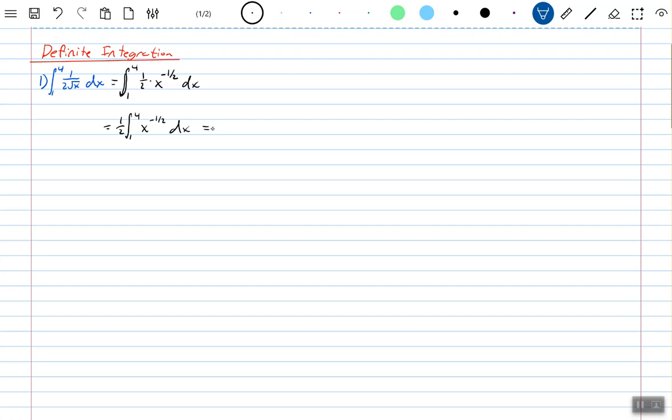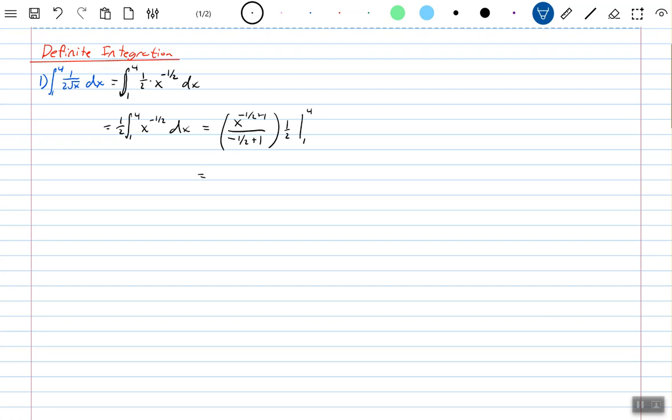So this is equal to x to the negative 1/2 plus 1 over negative 1/2 plus 1 multiplied by that constant we have 1/2, and then we have to use our funny notation for the fundamental theorem of calculus, where we evaluate this indefinite integral at 4 and 1, subtract them, and then that is our value.